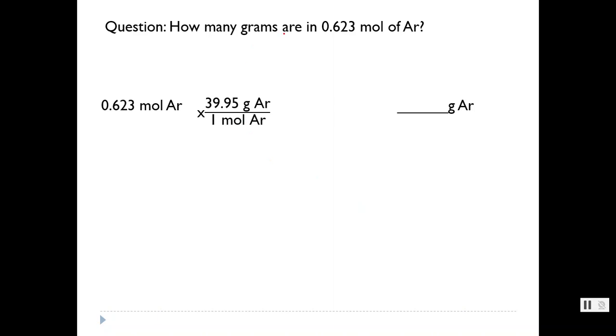So you look at your periodic table and you see that for every 39.95 grams of argon, that atomic weight is 1 mole of argon. So you write that appropriately so the units cancel. And then doing that multiplication, you should get 24.9 grams of argon.